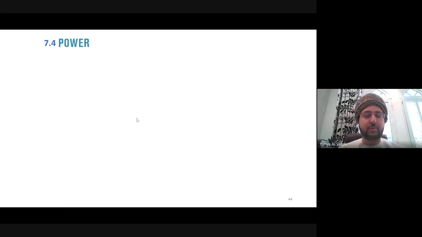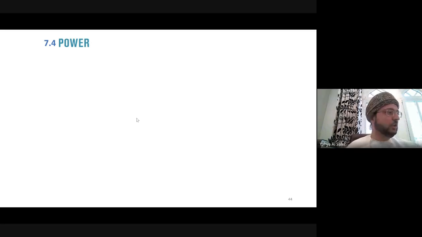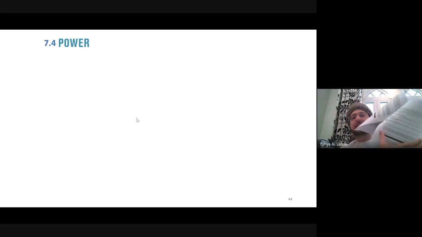Okay, the 7.6, I took the screenshot from a different book. That's why it said 7.6. In your book, it is power 7.4, but you don't have all of these examples that we did. Well, you have them, just they're not explained very well. They're just all of these examples.